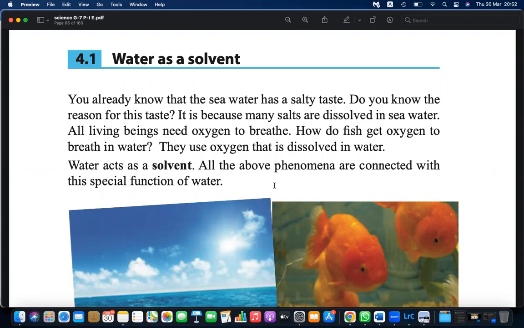So do you know how old the water that we drink is? Yes, any idea? How old is the water that we drink?